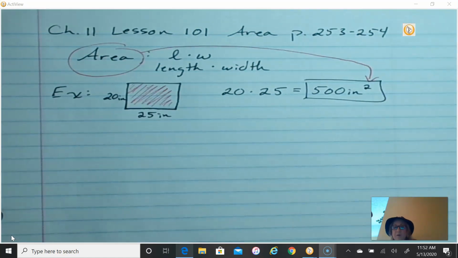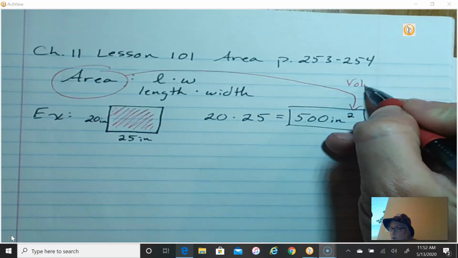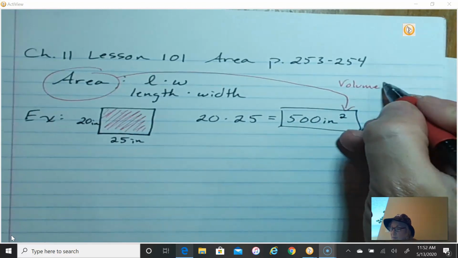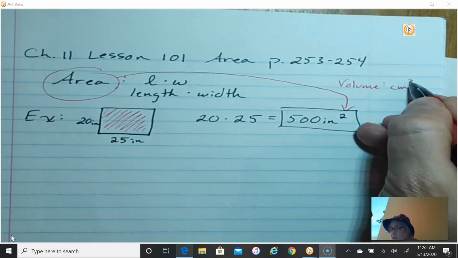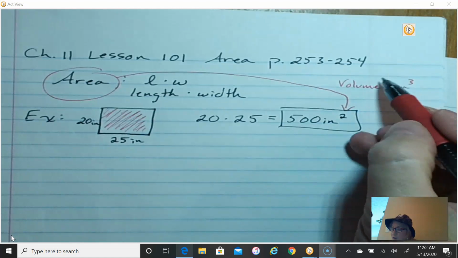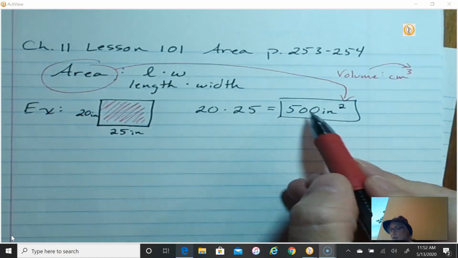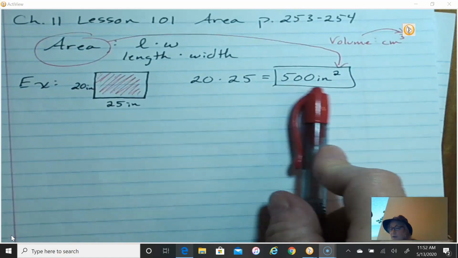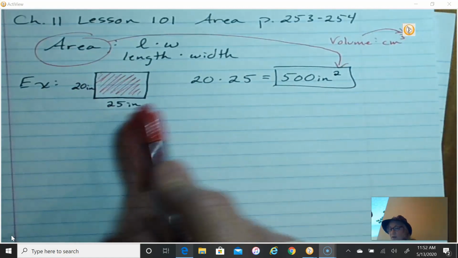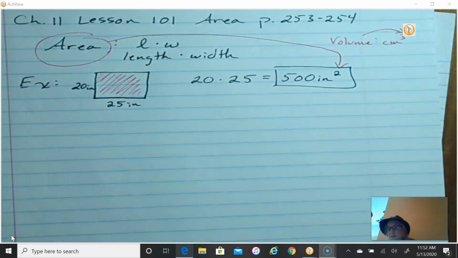And that's important because when you do volume, and I'm just going to write this over here, volume is cubed. So it'd be like centimeters cubed or something like that. Volume has the little 3. Area always has a 2 there. It's squared. 500 inches squared. So all you do is multiply and you get your answer.